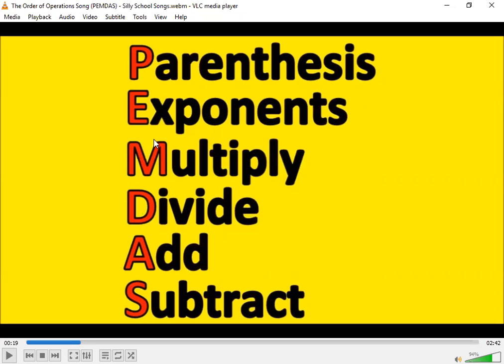And we said multiply and divide, they are one family. Whichever one comes first from your left hand to the right side, we will start with. And also add and subtract, they are one family. Whichever one comes from your left to the right, we will start with. So let's continue.